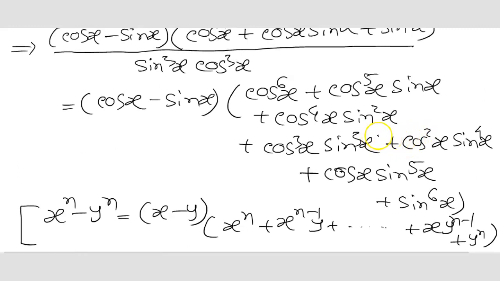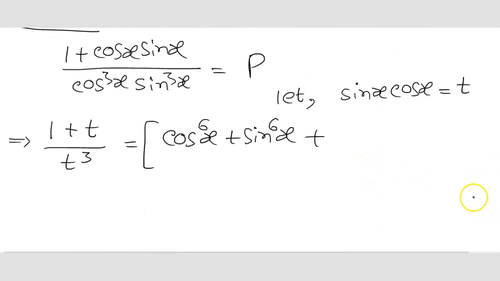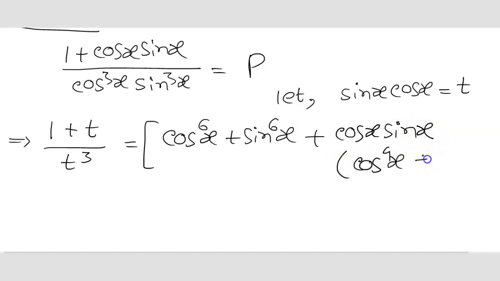We can take common cos x sin x, and this thing and this thing will result in cos to the power 4x plus sin to the power 4x.